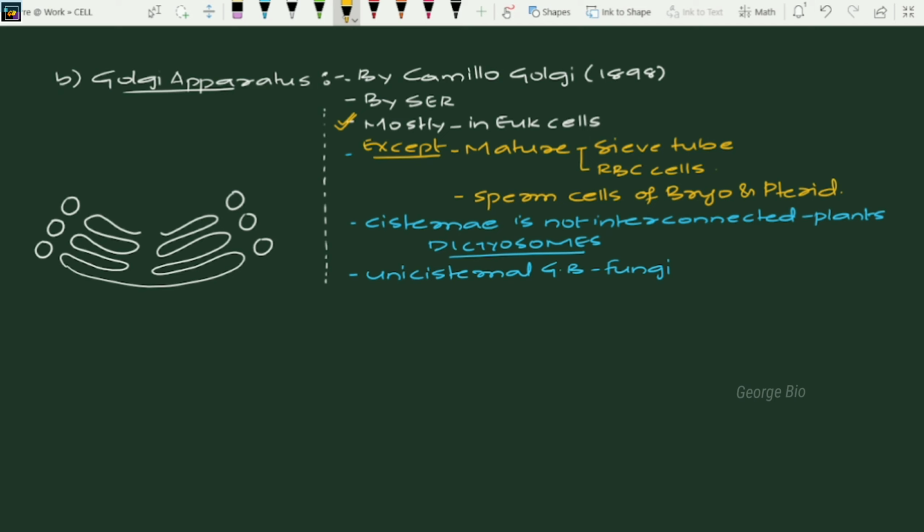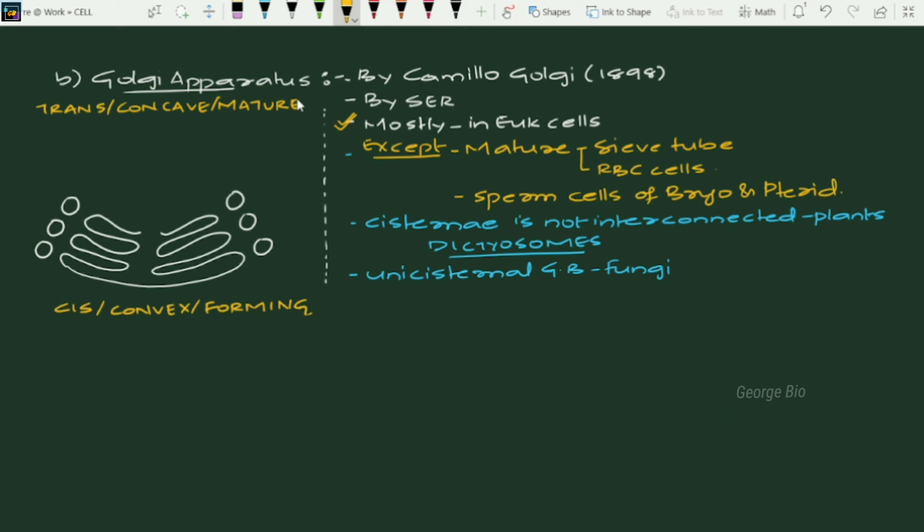It consists of 2 phases. The lower side is called the cis phase, which is near the endoplasmic reticulum, also called the convex phase or forming phase. And towards the opposite side is the trans phase or concave phase, also called the maturation phase.